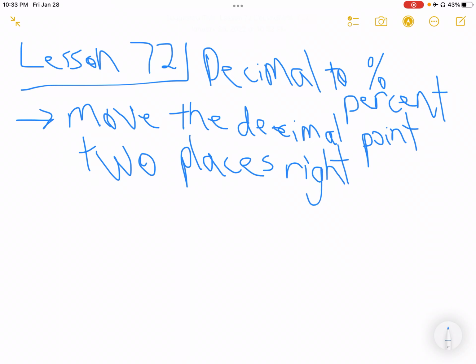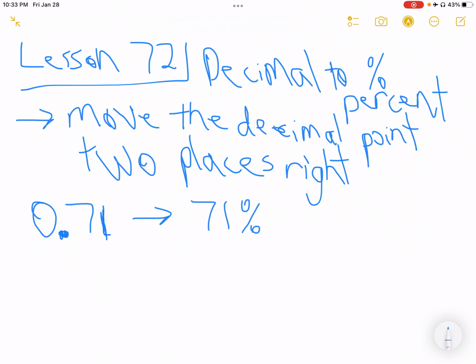Sorry for the writing here. So if I had something like 0.71, which looks kind of like a 1, then my decimal place is right here. I'm going to make it bigger here. So if it's moving 2 decimal places to the right, then I'll just go ahead and move it over here and say 71%. This makes sense, right?